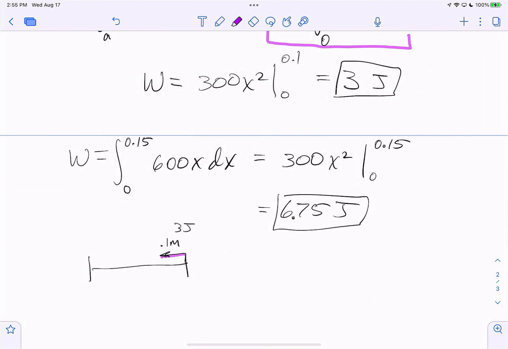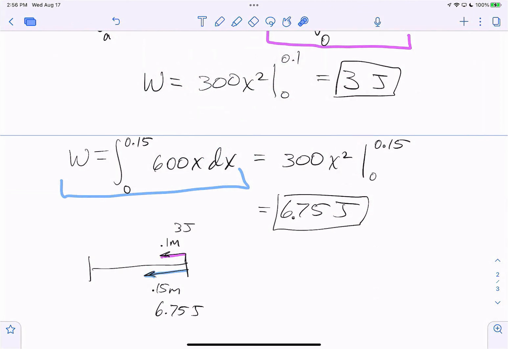That was for the purple one. We just found out that for the blue one, which compresses the spring 15 centimeters, it's 6.75 joules of work. So if it was 3 joules of work for the first 10 centimeters, then that means it was 3.75 joules of work for the next 5 centimeters.